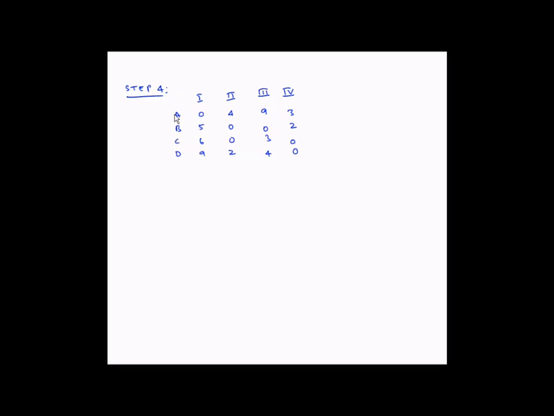Let's go row wise to find if there are any rows with 3 or more zeros. So we don't have any row with 3 or more zeros.